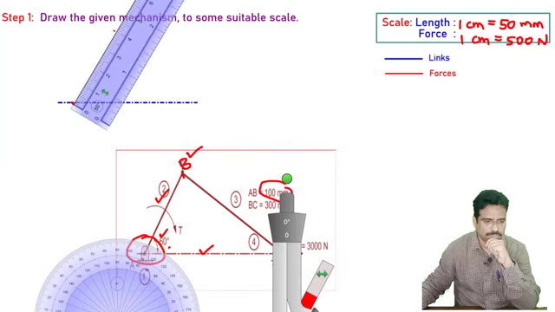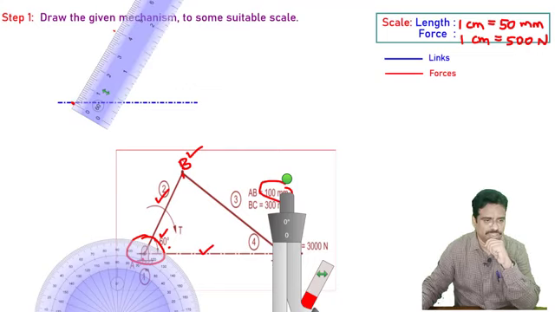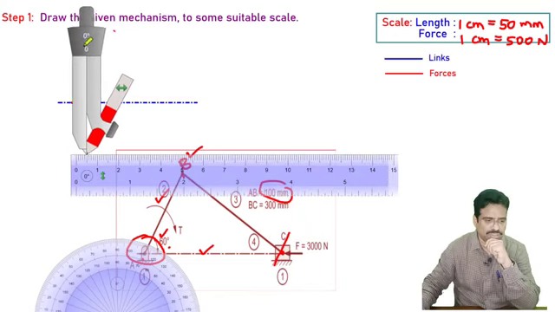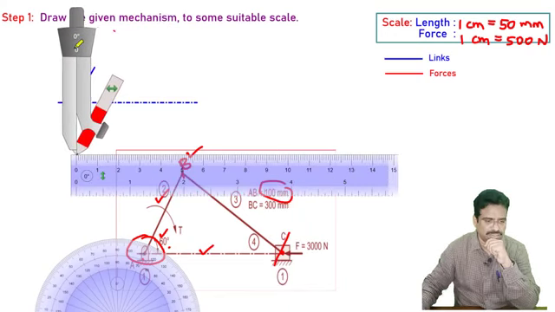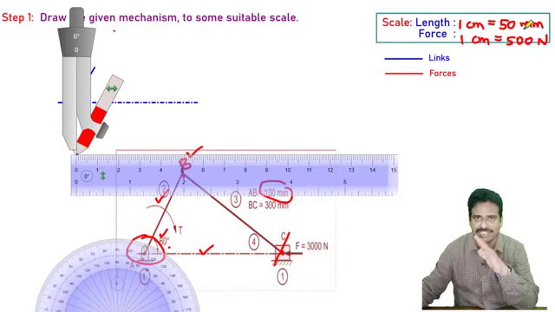The length is 100 mm, so as per my scale, I should draw a 2 centimeter line. Now I need to go for the length of the connecting rod. It is 300 mm, therefore at a scale of 50 mm per centimeter, I need to draw a 6 centimeter line. Is that clear?